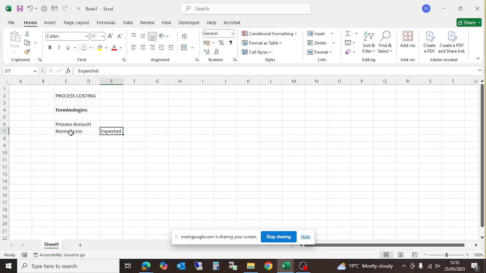For instance, we want to spend 300 kwacha on making something, and we might lose out 20 kwacha. So the result might be worth 280 kwacha. So that's an expected loss. You know you're going to lose out, and you budgeted for it, but you're doing it anyways. So a normal loss is an expected loss that cannot be avoided.